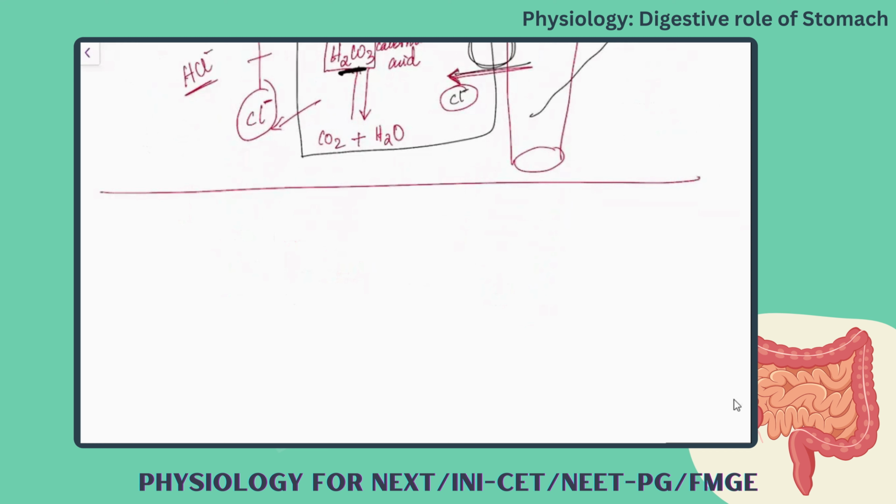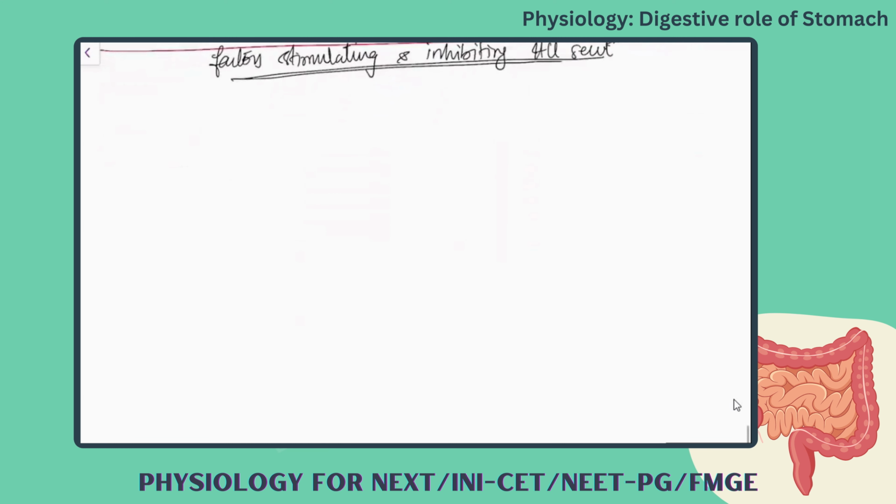Now we are going to see the specific factors which stimulate and inhibit the HCl secretion. Since HCl has a major role in digestion, we consider it of higher importance.